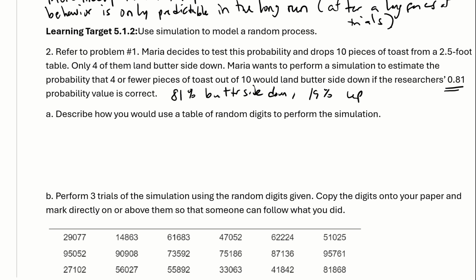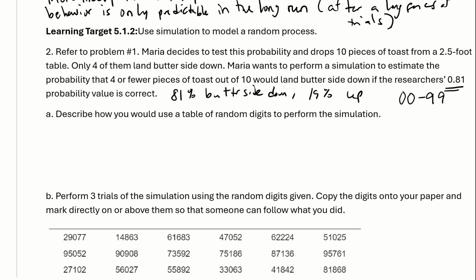If we're talking about 2-digit numbers, let's say we pick 100 numbers, from 00 to 99. That's 100 numbers. Out of those 100 numbers, we need 81 of them to be butter side down. So 81 of those numbers would be 00 to 80.